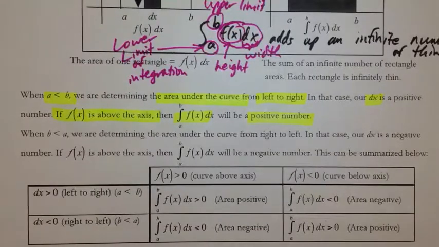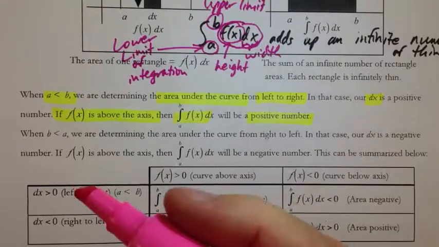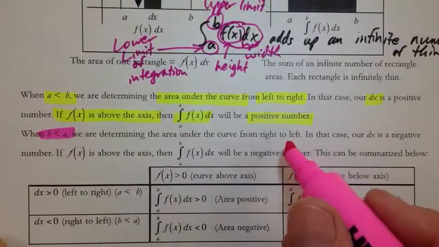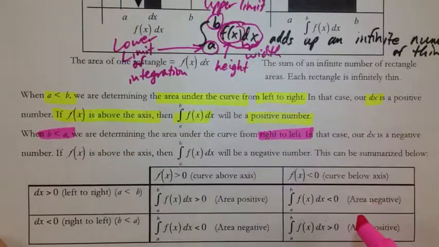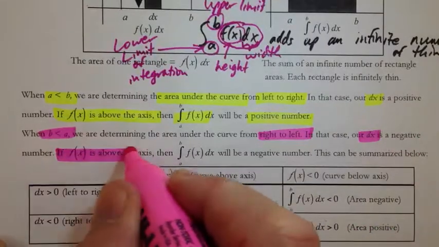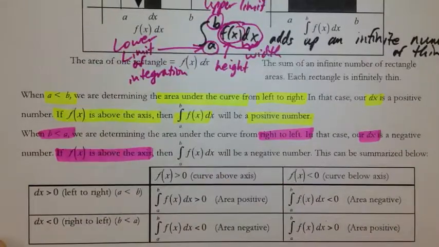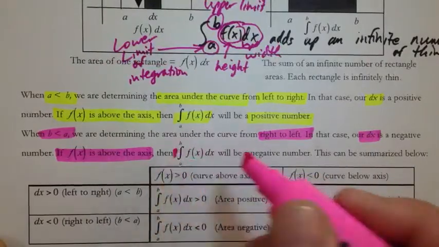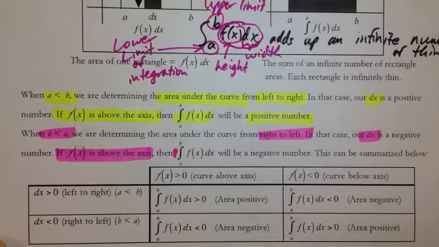You probably hadn't thought that it could be anything different than that, but now I'm going to throw you a curveball. If b is less than a, and we're determining the area of the curve from right to left, in that case dx is negative, and if f of x is above the x-axis, then when you integrate from a to b... no, that's wrong.